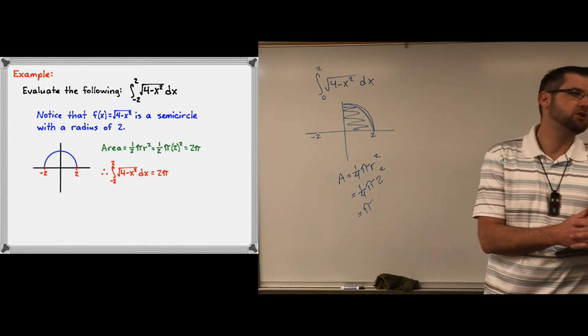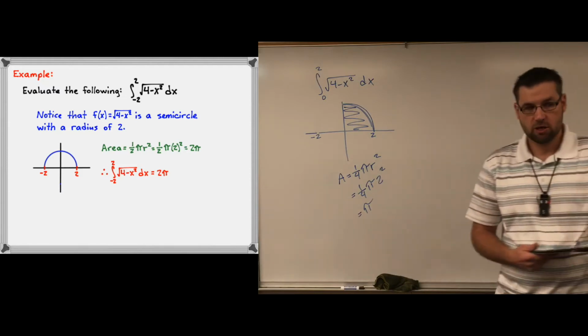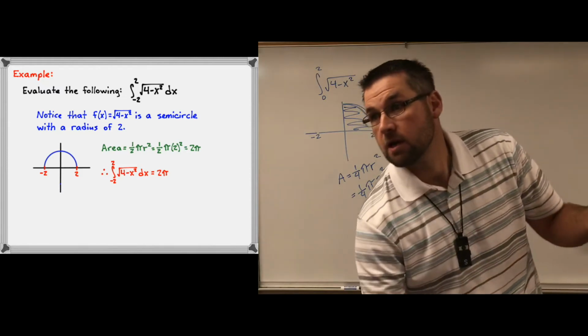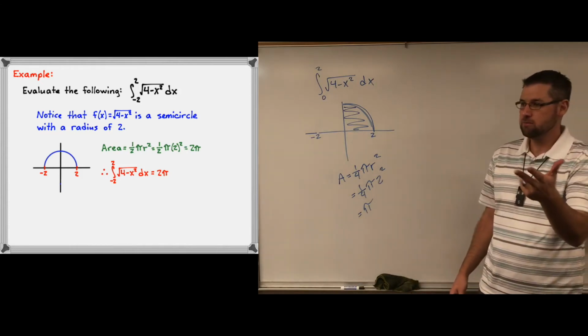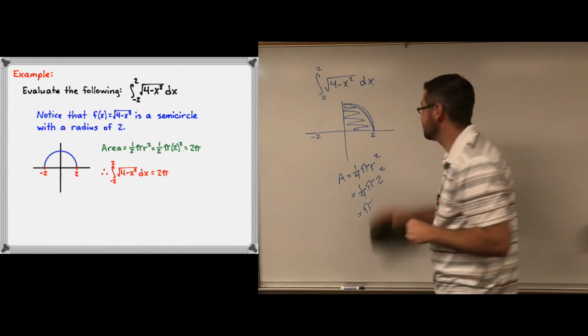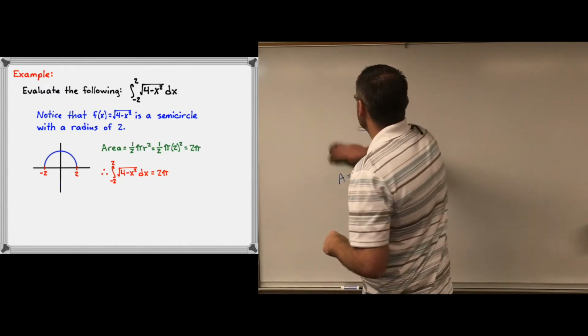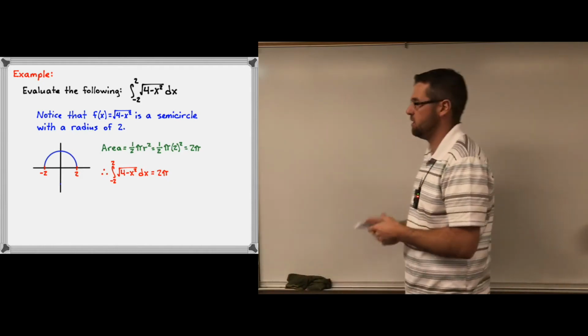Now, what shapes do you know the area of? A circle, a rectangle, because we've been doing that, a triangle. All right. So again, we're learning right now how to solve this graphically.